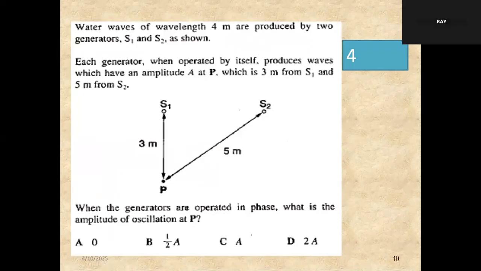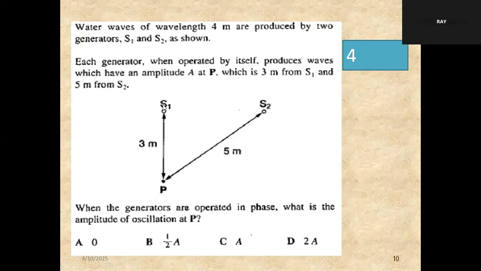Use the idea of path difference. Wave travels from S1 to P, S2 to P. So what happened here?